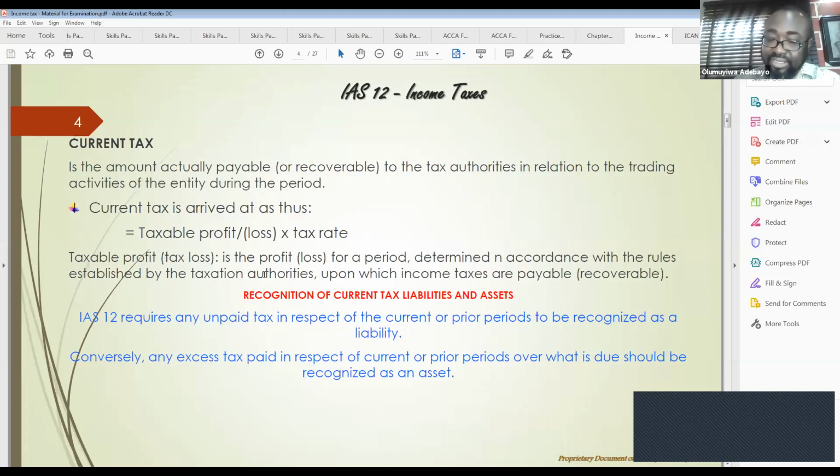What brings about the uncertainty is the gap or the lacuna that exists in the law. For example, the tax law says that expenses are allowable once they are wholly, reasonably, exclusively, and necessarily incurred in carrying on the business of the enterprise. But the question is this: it is a judgment call for certain expenses to be considered reasonably incurred, and so on, from different perspectives.